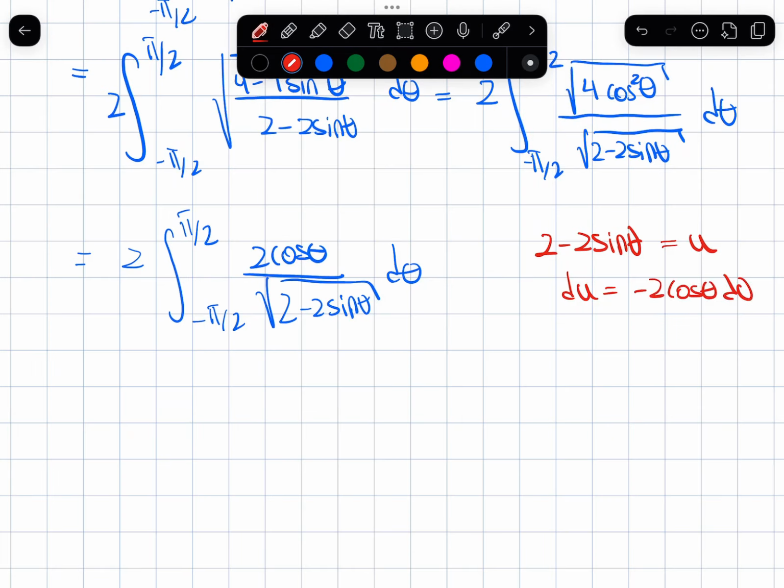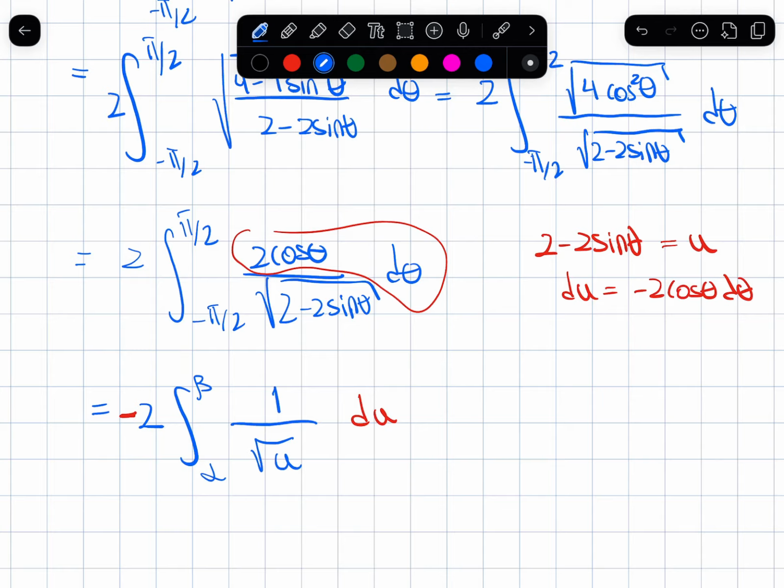I'm just going to change everything into a negative right here from the u sub, and then du right here divided by square root of u. I think that's correct. Then we're almost done.